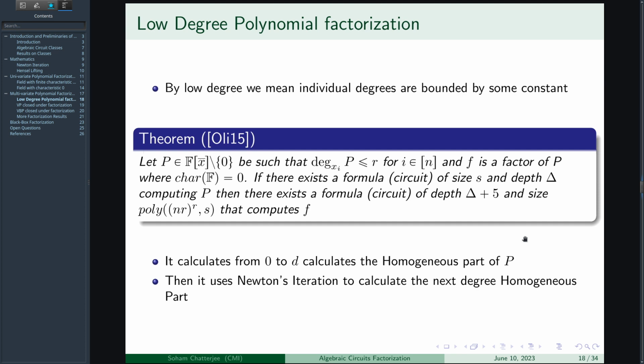It is a huge result because it is the only result in formulas which talks about factorization in formulas. It actually uses Newton iteration carefully to compute up to the ith degree homogeneous part of the polynomial, and does it like that to find the approximate factors.